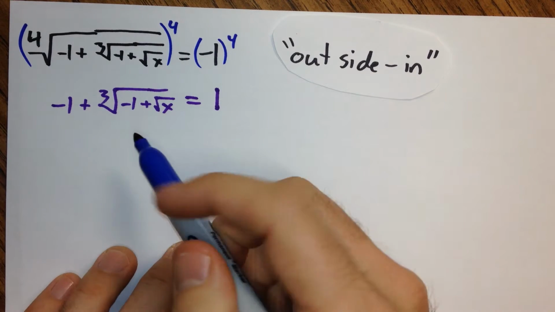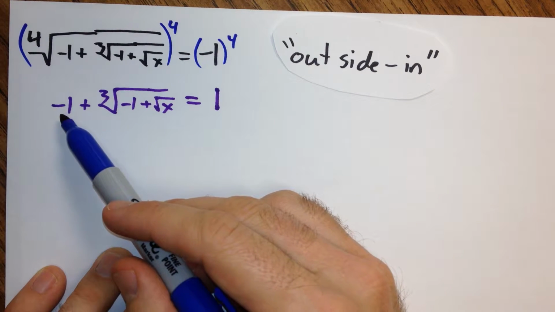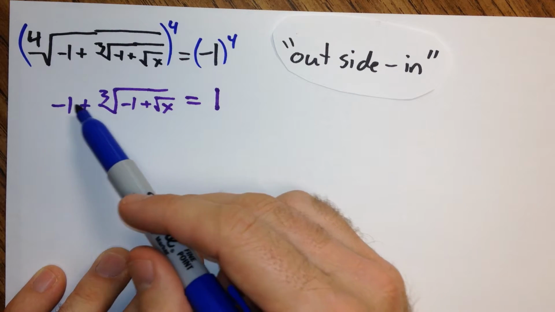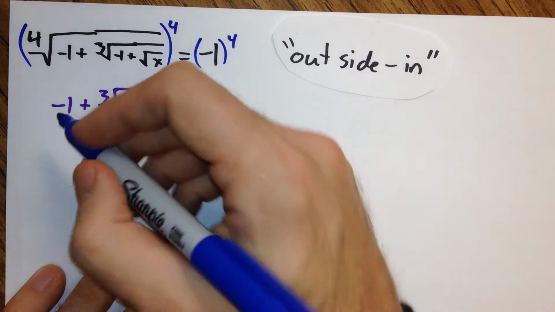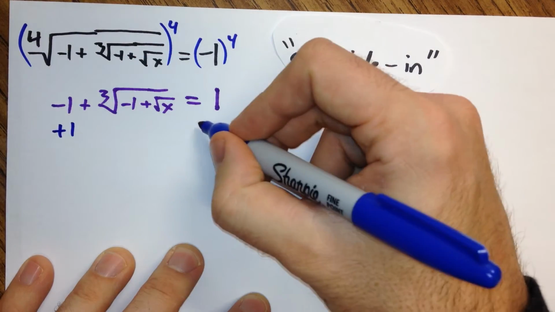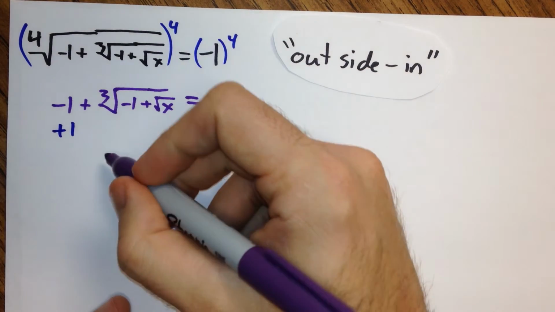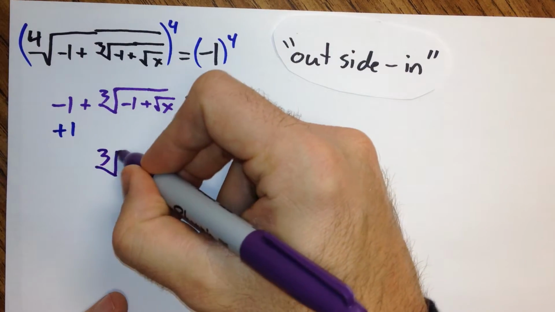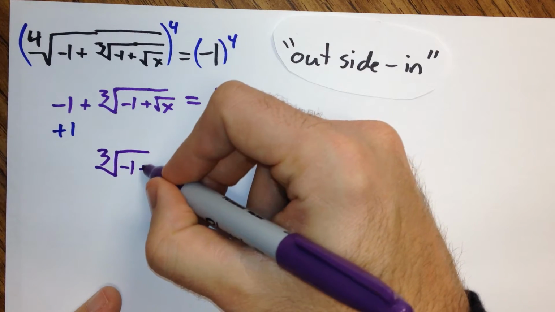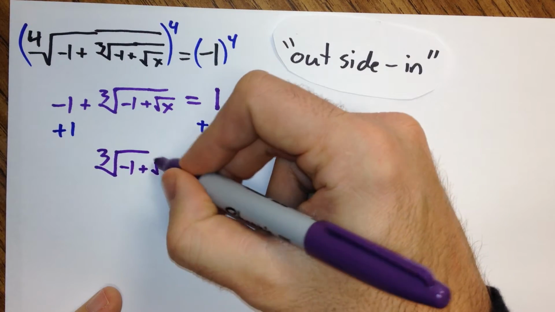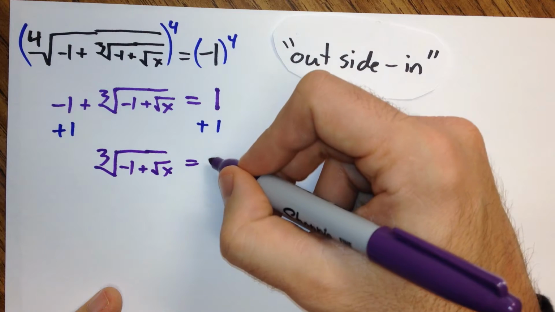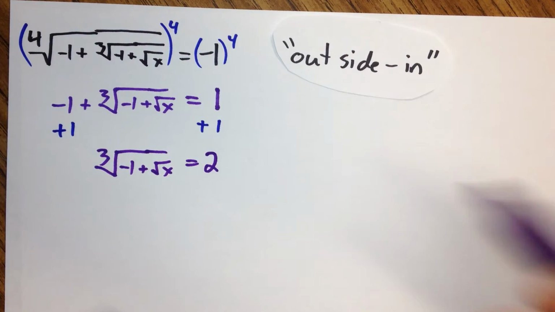Now as I look at the problem, the outside part appears to be this -1, and so I need to get rid of this -1 by adding 1. As I added 1, what was left over was the cubed root of -1 plus the square root of x. And then over here on the right, I've got 1 plus 1, which is 2.